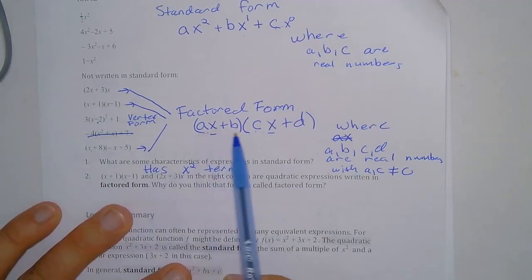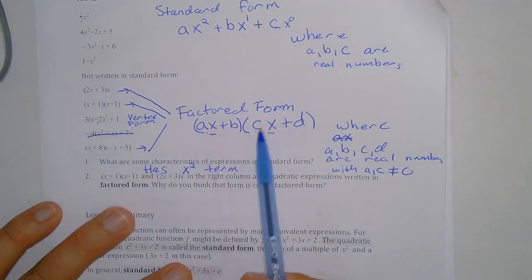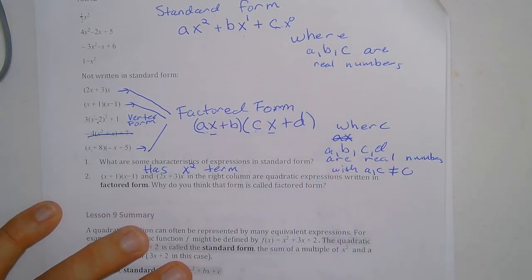And then factored form looks like this, where you multiply your two x's.